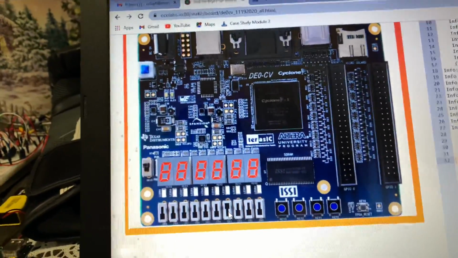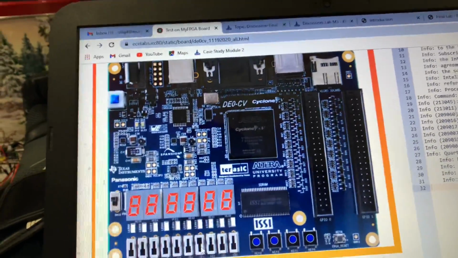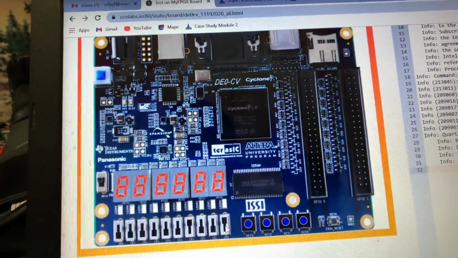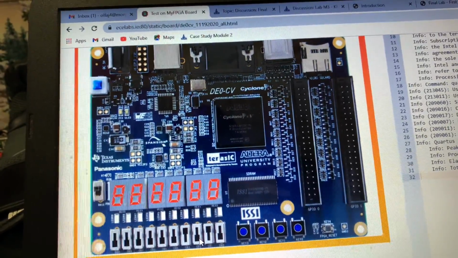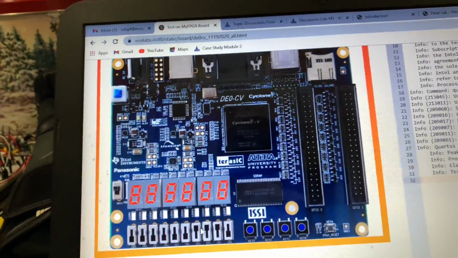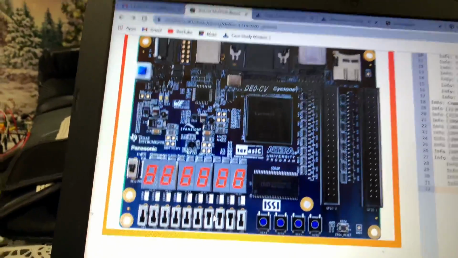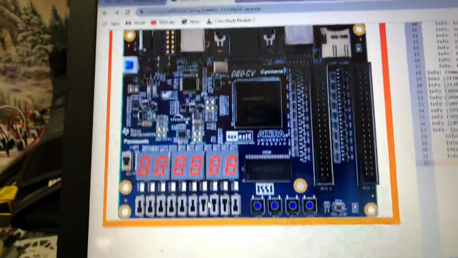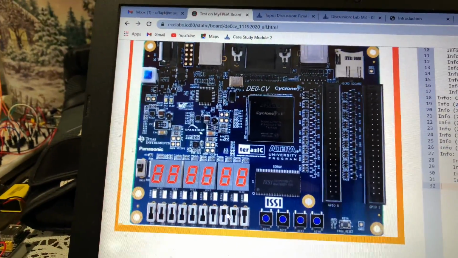So I'm going to try 7, which should be 0, 1, 1, 1. The light should be off at 7. Then I'm going to try 13: 1, 1, 0, 1.